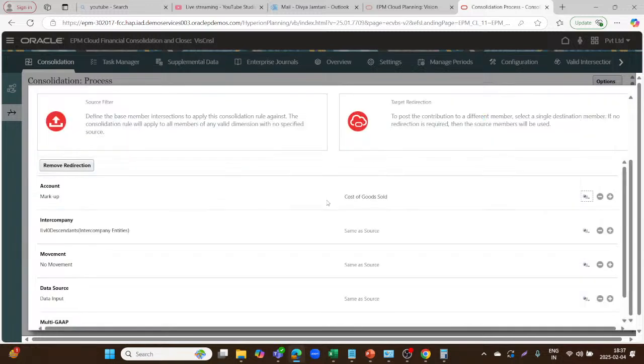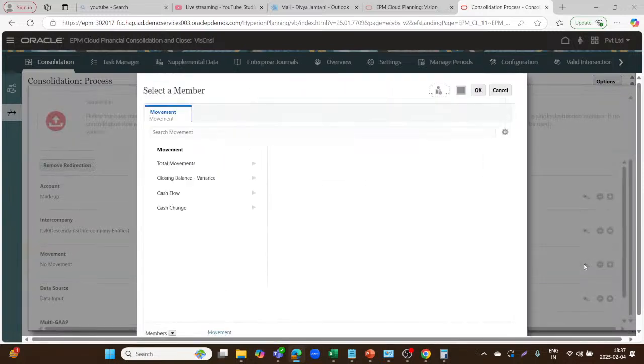Intercompany will remain same. For movement, I'll pick again the changes in net income, as this belongs to net income portion.